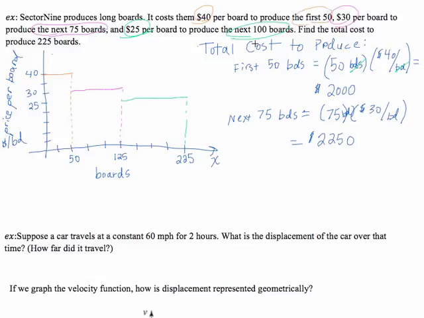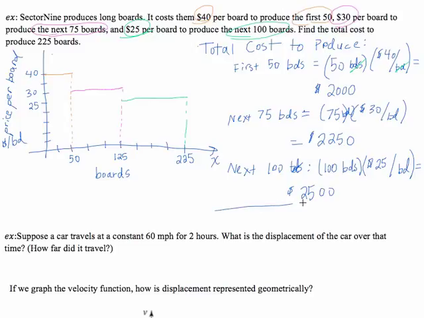And then the total cost to produce the next 100 boards, if you can read that, is 100 boards, that's the number of boards being produced, times their price per board is only $25 per board. So 100 times 25 is $2,500.